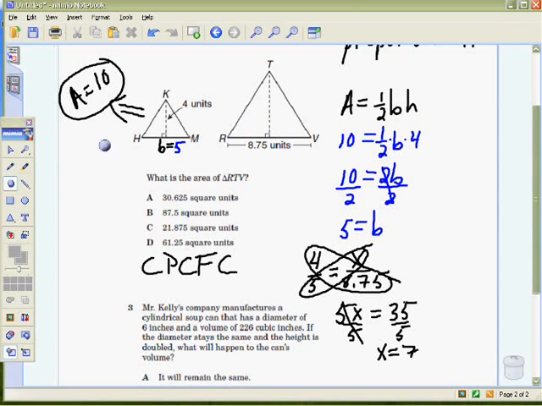So that means my height up here is 7. And remember that area is equal to 1/2 times base times height. Let me rewrite this where it's not all jumbled up.